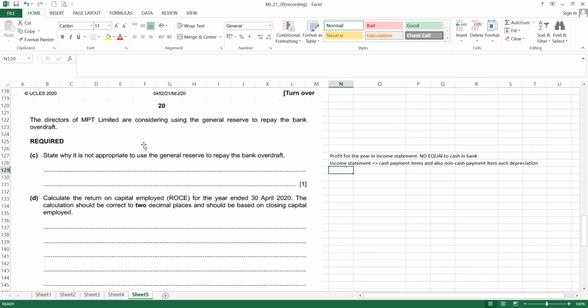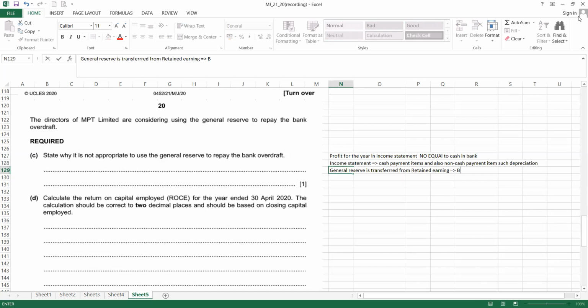So if the general reserve is transferred from the retained earnings, it will have the same problem.